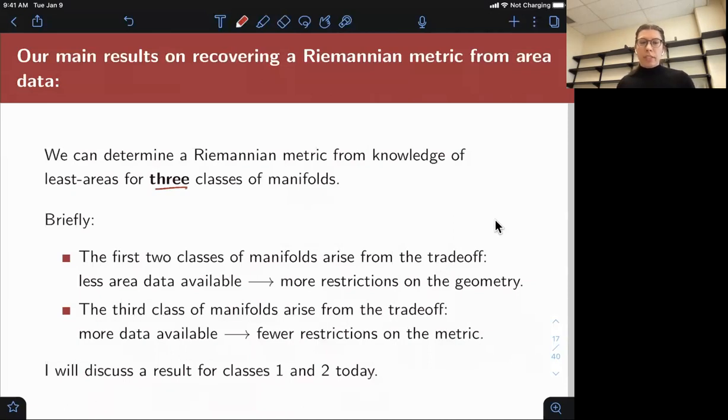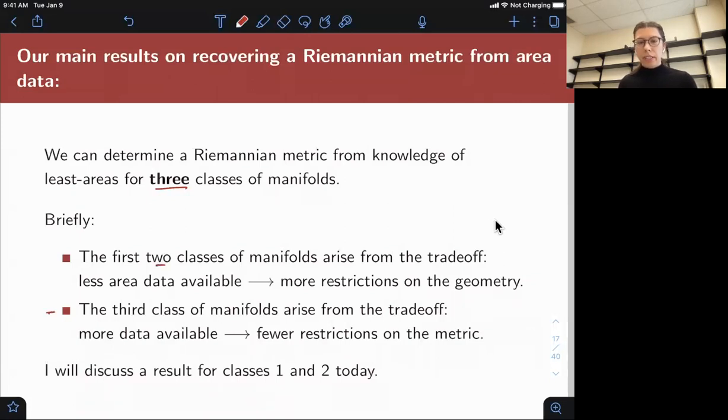The first is the less area data that I want to give myself. So I'm going to give myself area data for a small family of curves on the boundary. But if I have this less data, then I'm going to have more restrictions on the geometry, which we'll see in a moment. And this is for the first 2 classes.